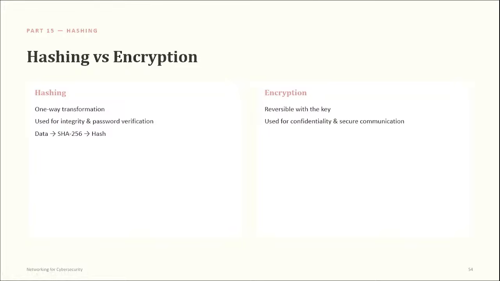So how would we define hashing? Hashing is just a one-way transformation of data into strings of figures, just for integrity. Is it clear? Then encryption is used for confidentiality and secure communication.